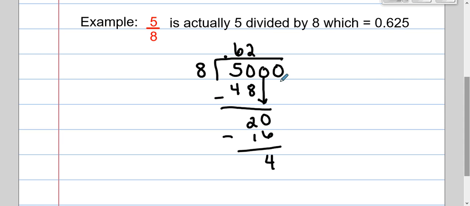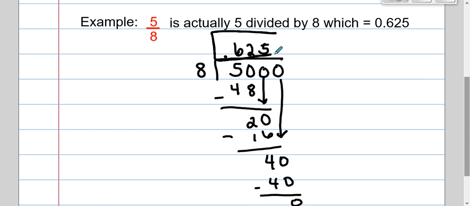Then I bring down another 0. And 8 goes into 40 5 times. 5 times 8 is 40. 40 minus 40 is 0. So I'm at no remainder. So this is how we ended up with this answer.